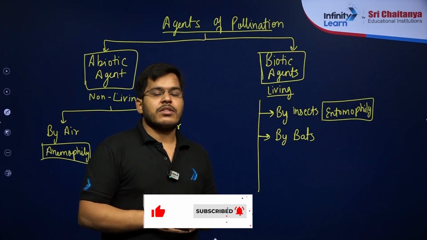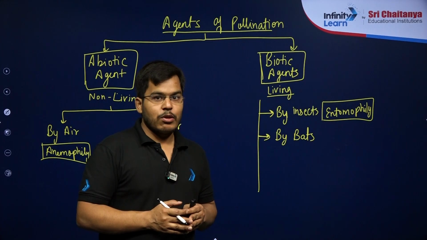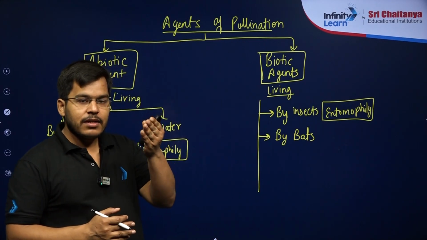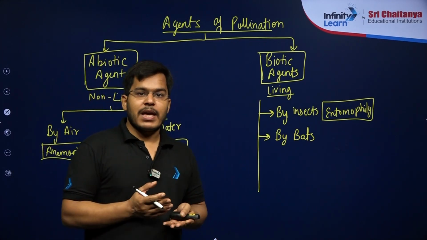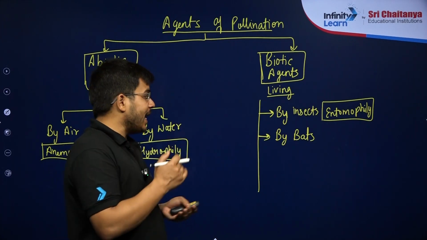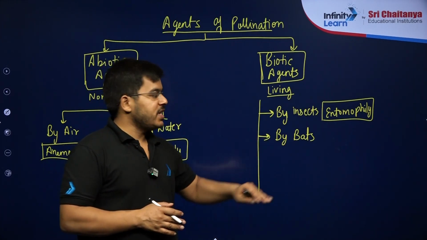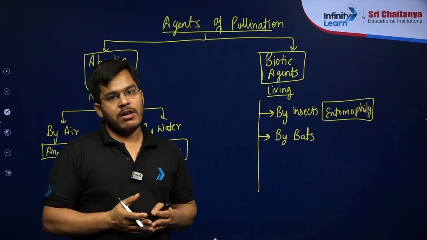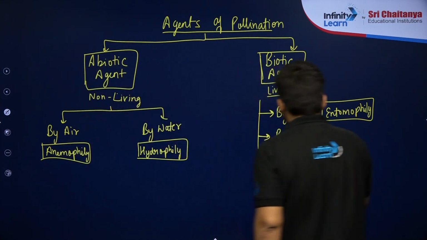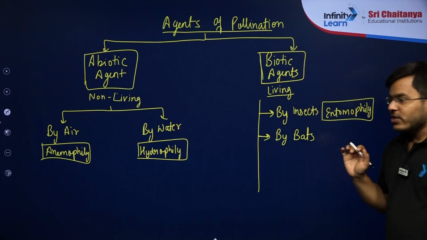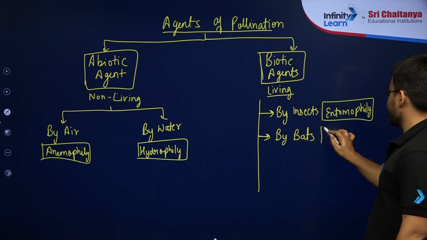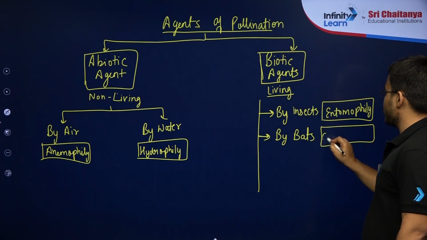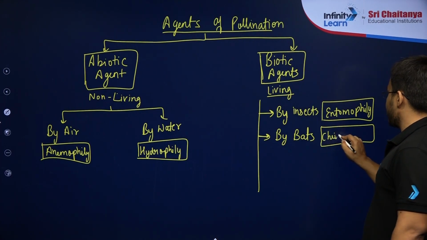So for night blossoming flowers, some night traveling organism can only work. So in night our bats are active. So these bats can transfer pollen grain in night blossoming flowers. So when the biotic agent of pollination is going to be bat, this particular process is known as your chiropterophily.